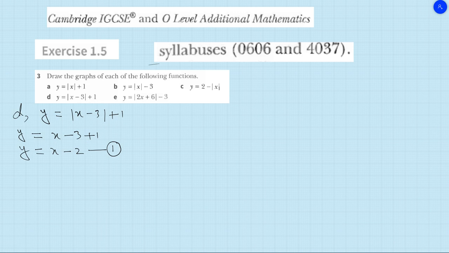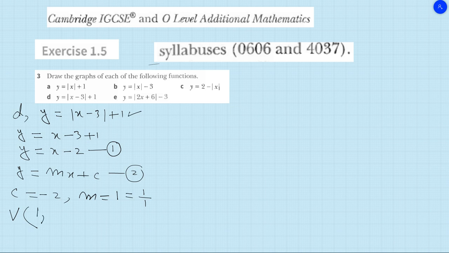Now compare this with mx plus c, equation number 2. From this you can see your y-intercept is minus 2 and the gradient is again 1. It means rise upon run is 1 upon 1, and for the vertex, this represents x, and this is x minus 3, so x minus 3 must be equal to 0, therefore x is equal to 3.